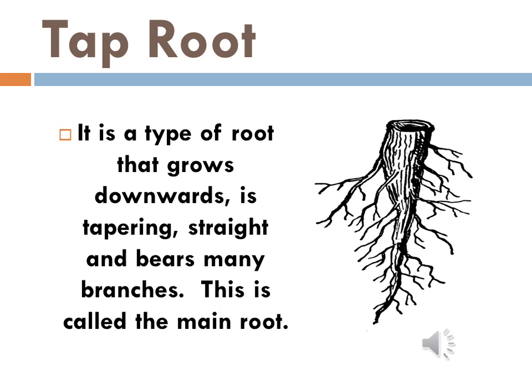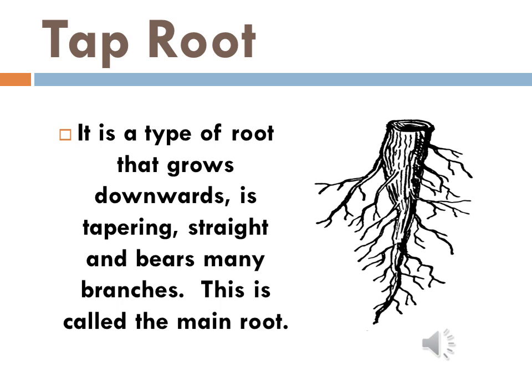In the picture also you can see that a taproot is a single large central and dominant root from which other roots sprout laterally.